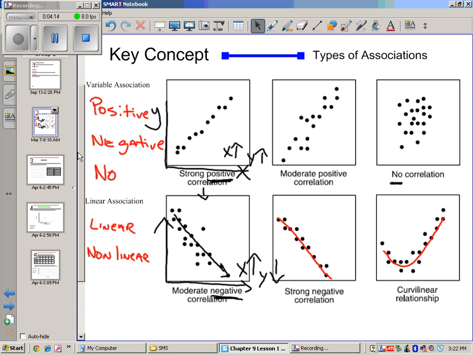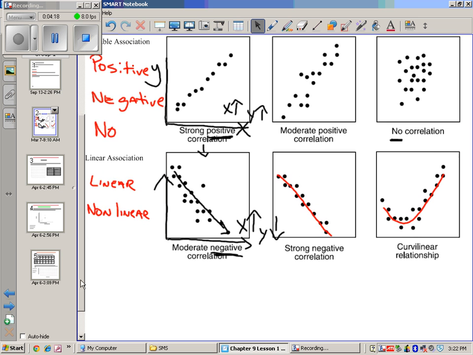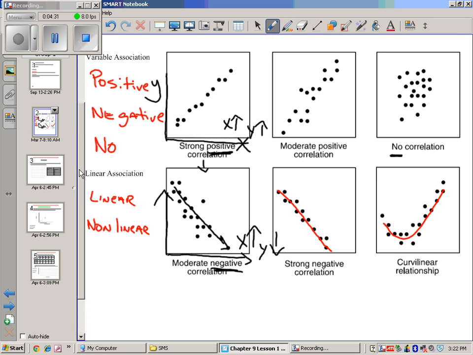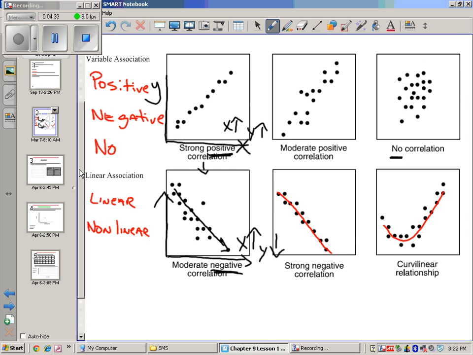We're going to take a minute to also discuss a couple of things you might have heard in previous class experiences. We have outliers and we have clusters. Let's look at the top middle graph. On this chart, we have a cluster. A cluster is a close grouping of data.